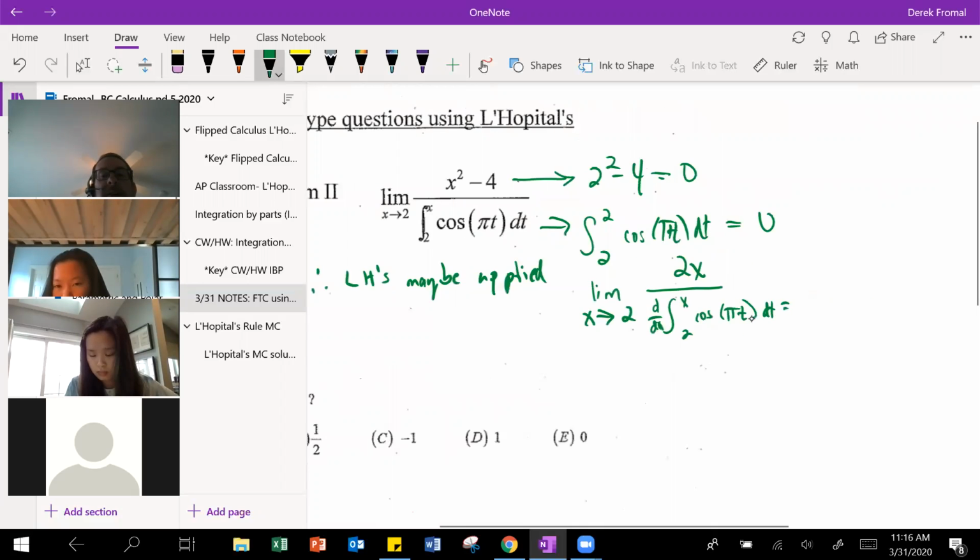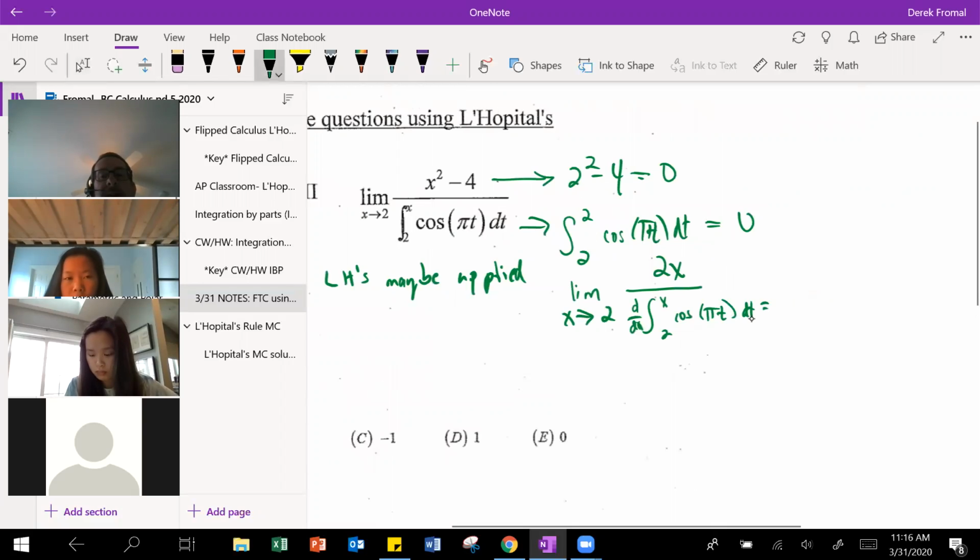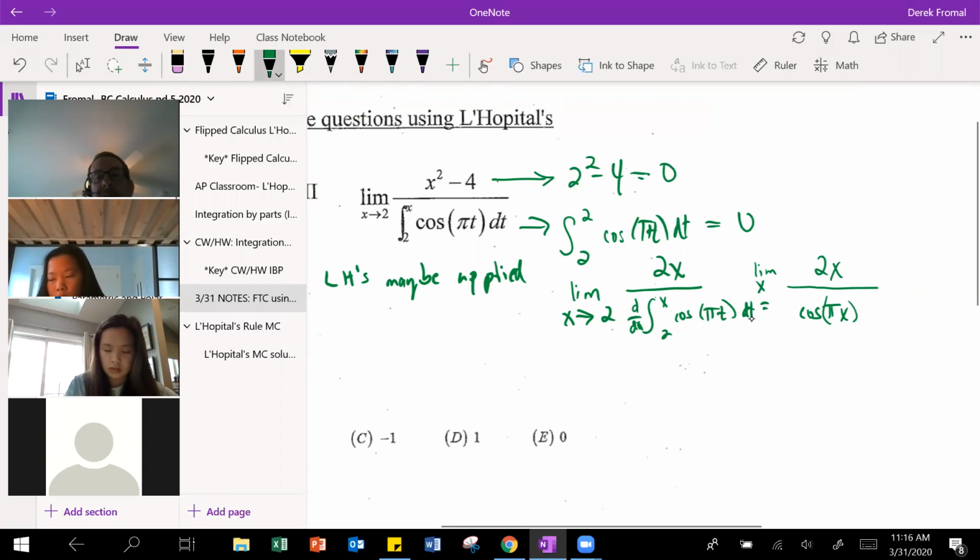And that's the new wrinkle in this: the derivative of the integral, according to the fundamental theorem, is just going to leave me with what's inside the integral, in this case, cosine of pi x. And so now I have this new expression, and I can take the limit of this as x is approaching 2.